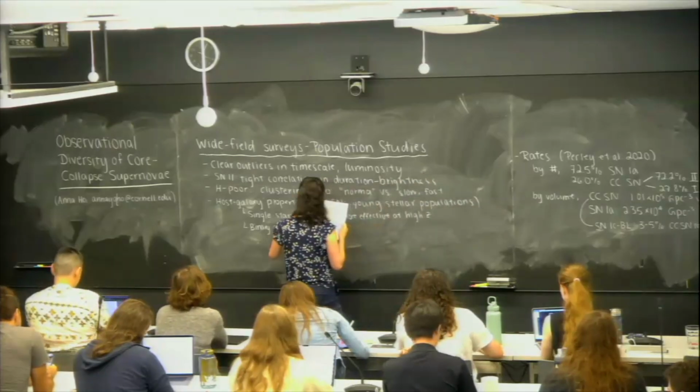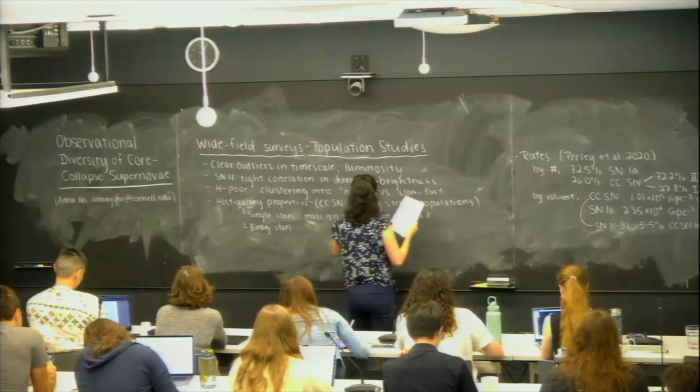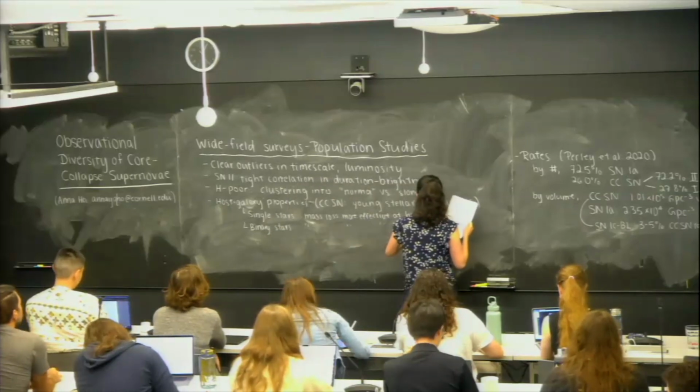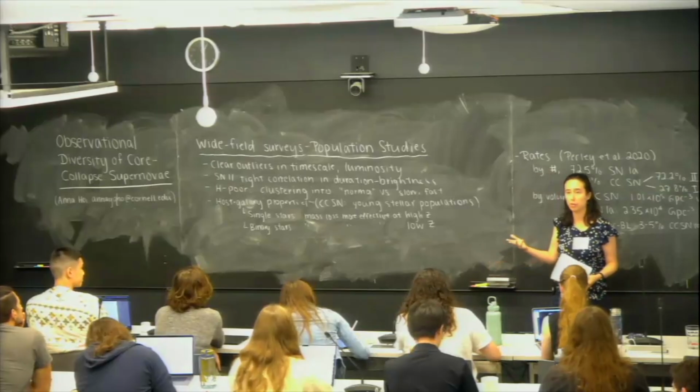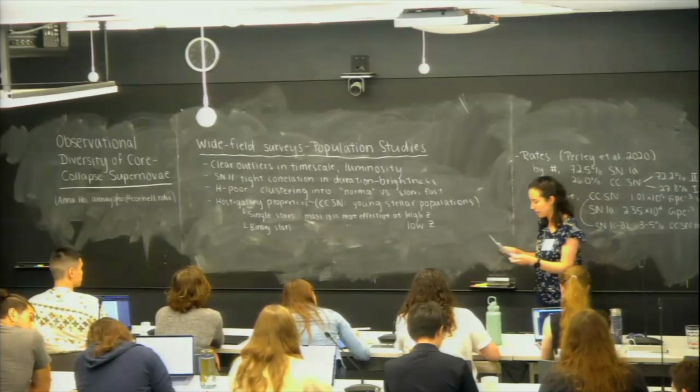But in the binary scenario, it would actually be the opposite. And so you can look at whether your rates of stripped envelope supernovae are more enhanced in galaxies of one or the other type.